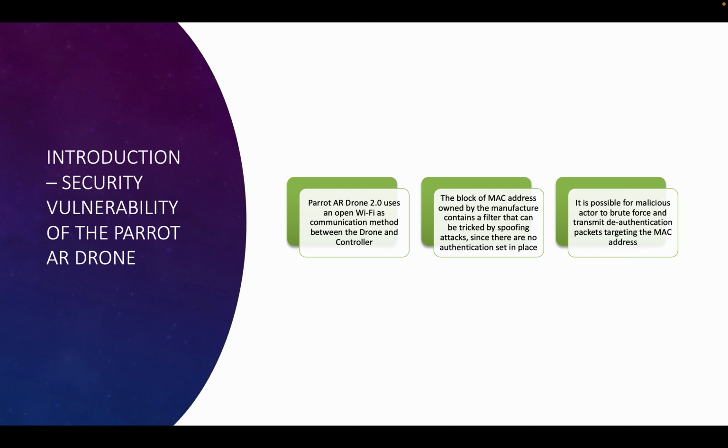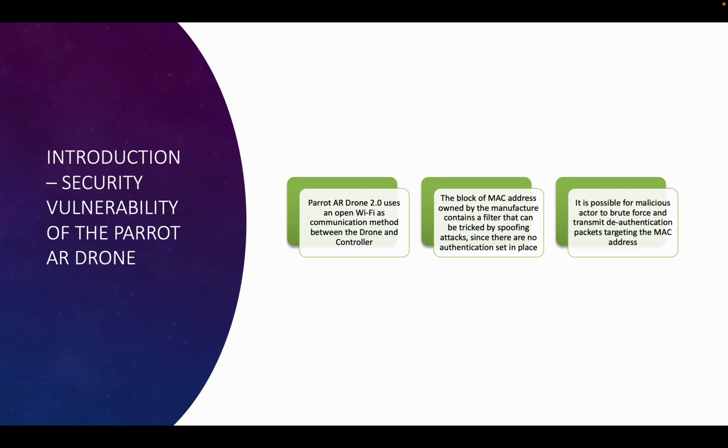The Parrot AR Drone operates using an open Wi-Fi network in which the block of MAC addresses owned by the manufacturer have no encryption or authentication set in place. Since communication relies on MAC address for identification, it's possible for attackers to brute force and transmit de-authentication packets on the drone network and target the MAC address.